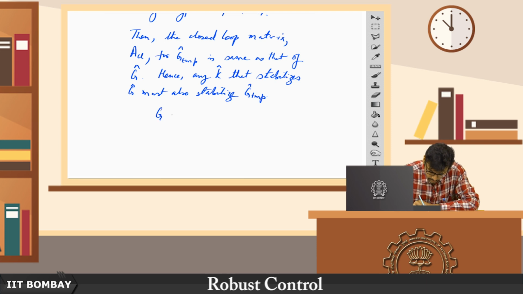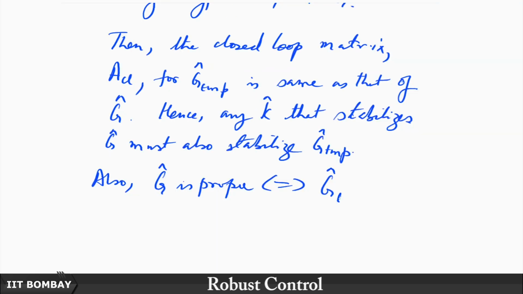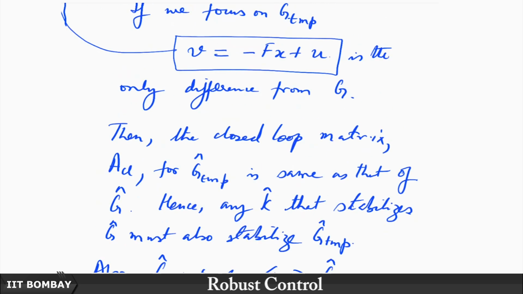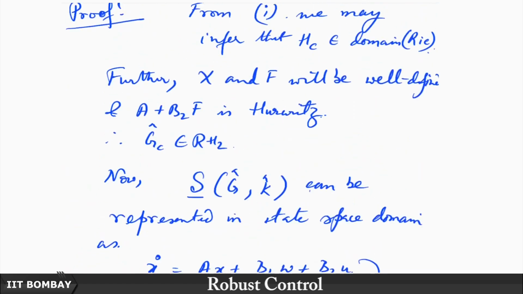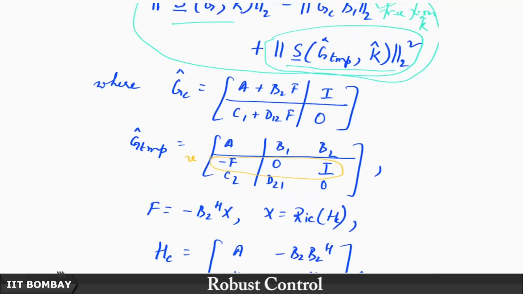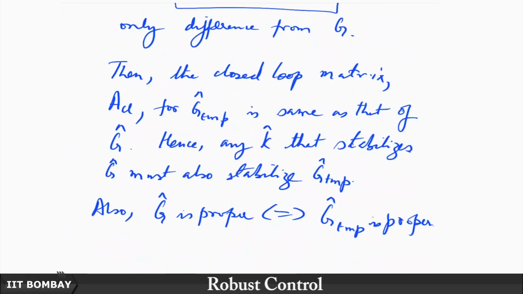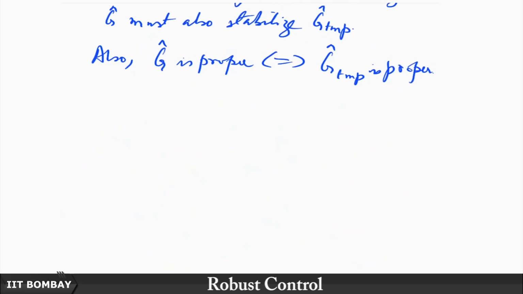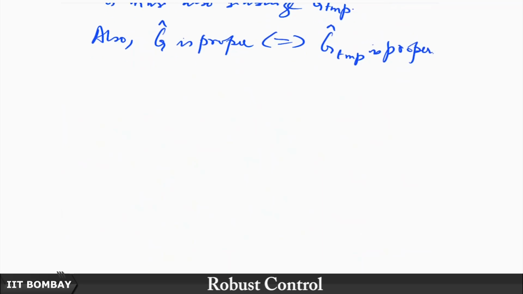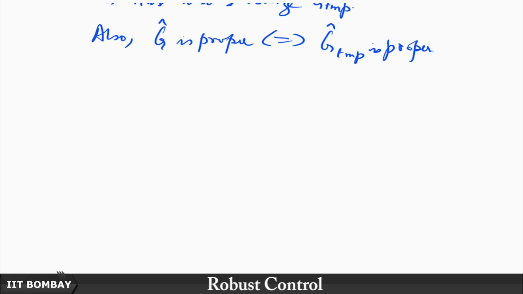Furthermore, we have that G hat is proper is equivalent to saying G hat TMP is proper. Look at the structures of the D matrices in these two, and the C matrices, and you will immediately be able to infer that whenever G_TMP is proper, so is G hat, and whenever G hat is proper, so is G hat TMP. So, all these equivalences finally lead us to what?